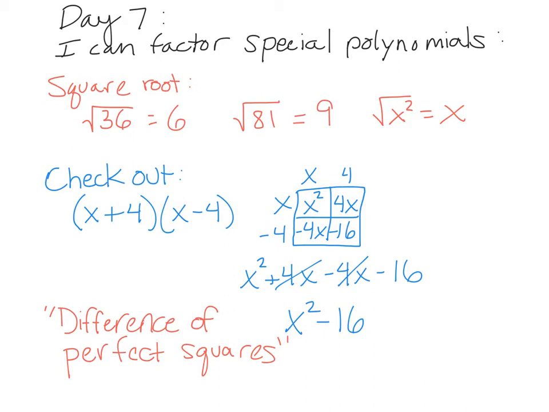When we had this x squared minus 16, the way it factors is into x minus 4 times x plus 4. Those are the square roots of that 16. Keeping that in mind, let's look at a couple examples.